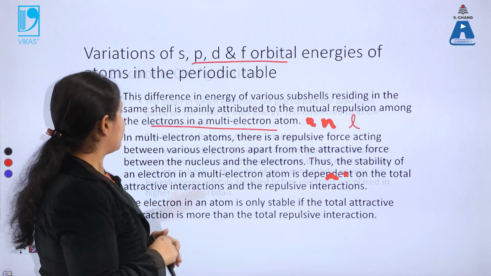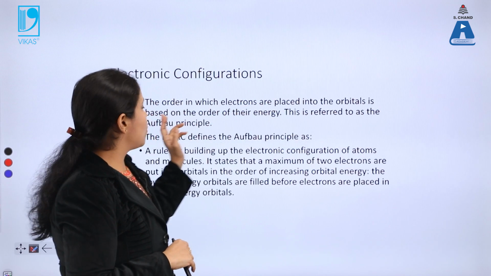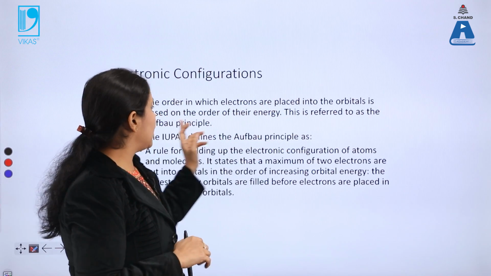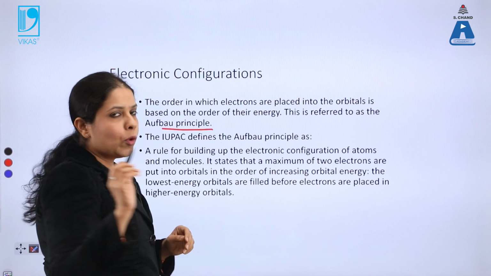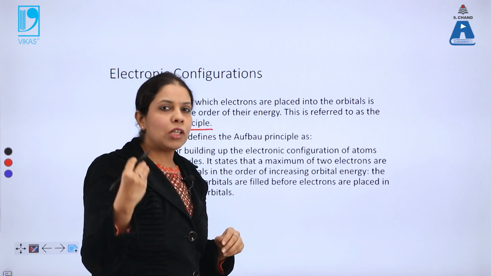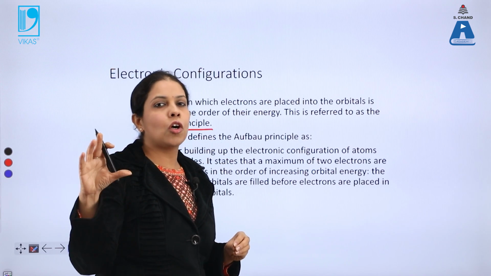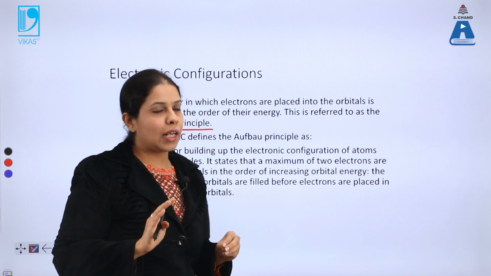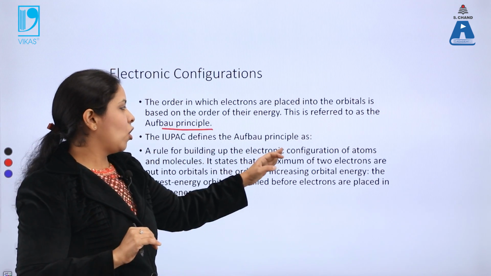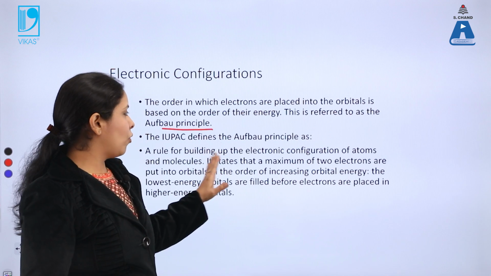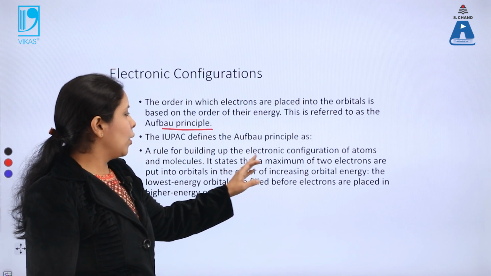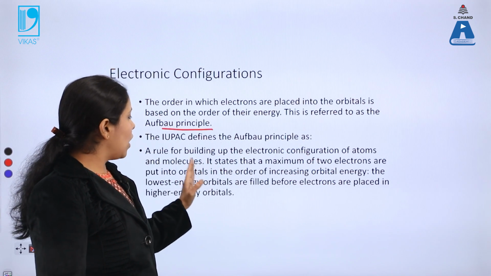Let's move ahead. The order in which electrons are placed into the orbitals is determined by the Aufbau principle. The Aufbau principle is the principle which we use to find out the order of different orbital energies in which electrons are entering. IUPAC defines the Aufbau principle as a rule for building up the electronic configuration of atoms and molecules.